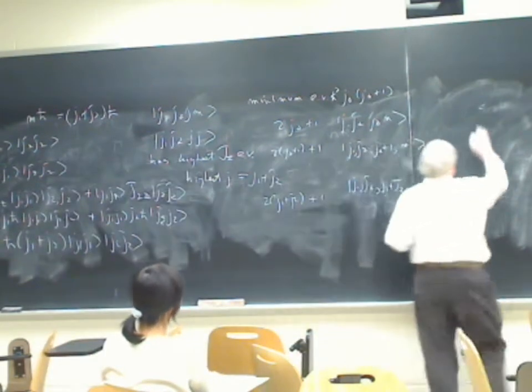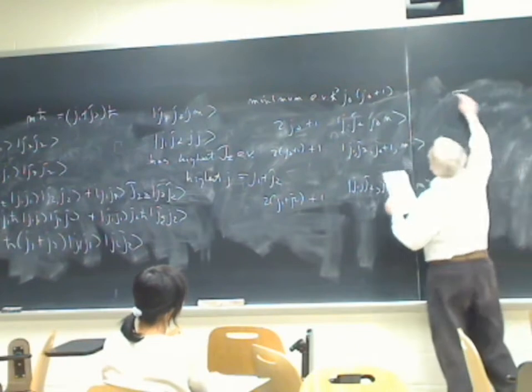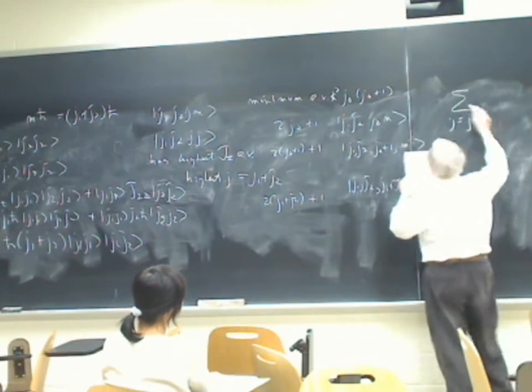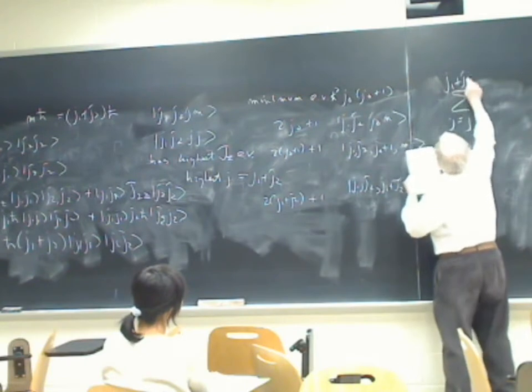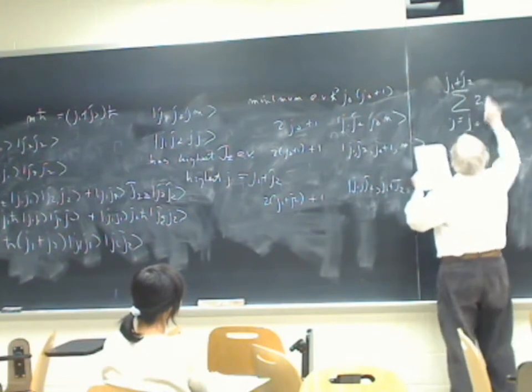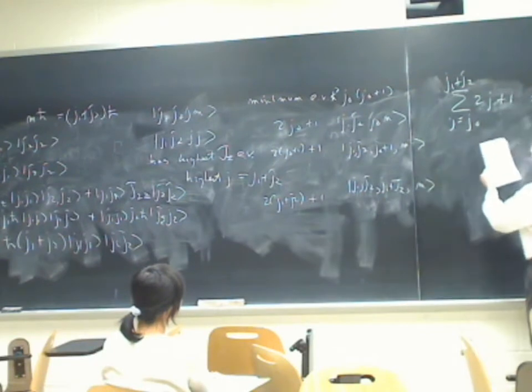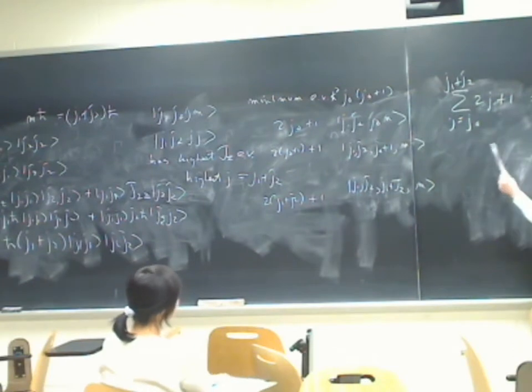And so what we have then is that the sum from J equals J0 to J1 plus J2 of 2J plus 1 has to equal (2J1 plus 1) times (2J2 plus 1).